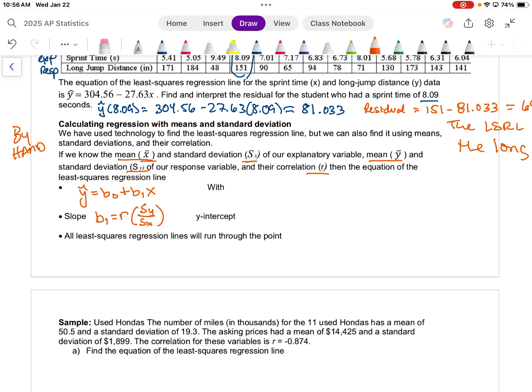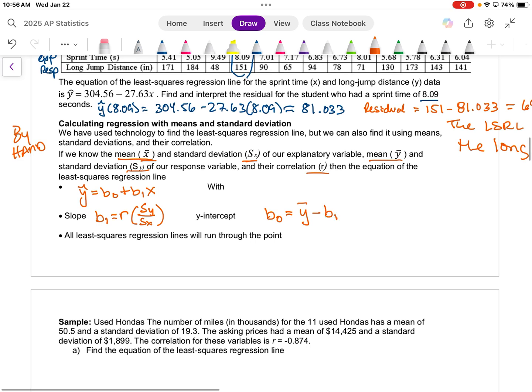Technically, statistically, we're supposed to take the standard deviation of the y values divided by the standard deviation of the x values, multiply it by the correlation coefficient, and that's the slope. To find the y-intercept, b sub 0 or b naught, that is equal to the mean of the y values minus the slope we just found times the mean of the x values. And that's how I calculate the y-intercept.